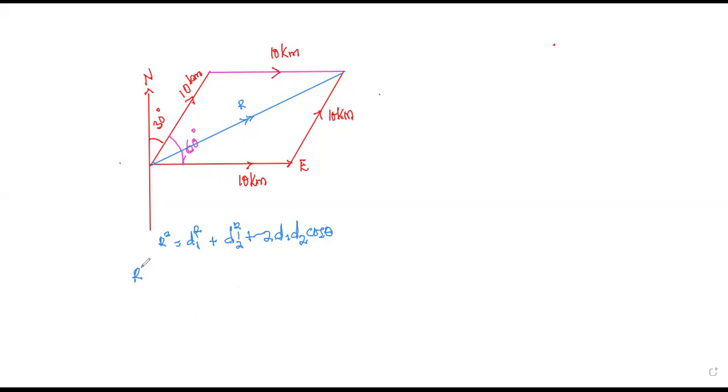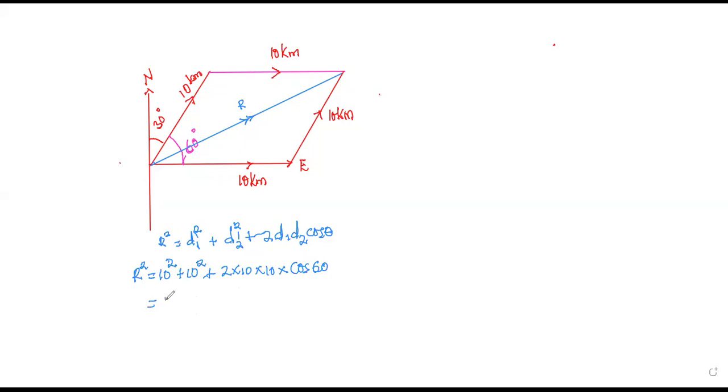So R squared would be equal to 10 squared plus another 10 squared plus 2 times 10 times 10 times cosine of the angle between the two displacements, which is 60.